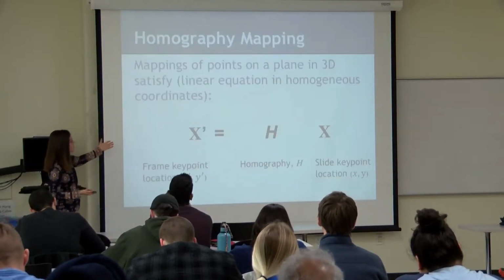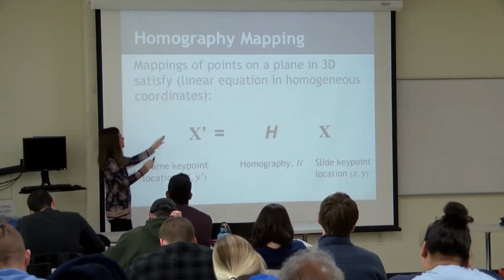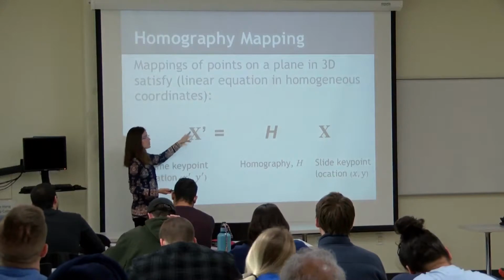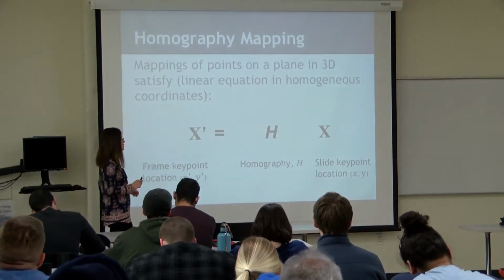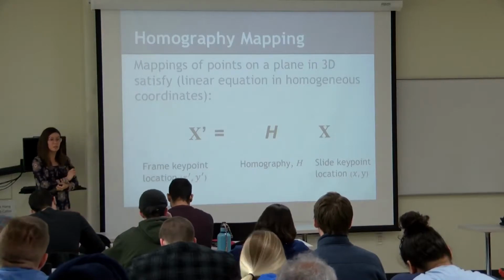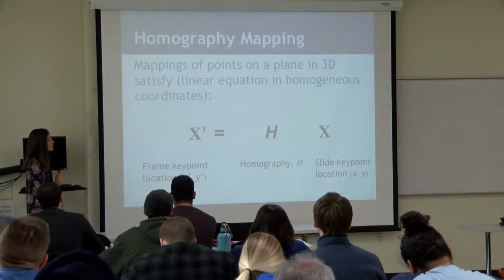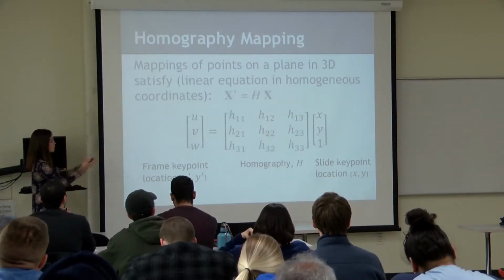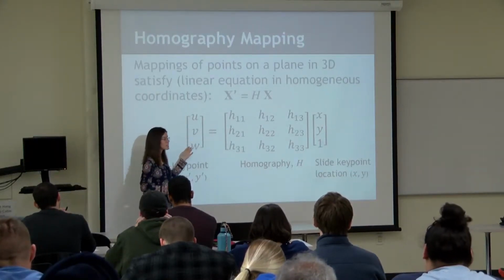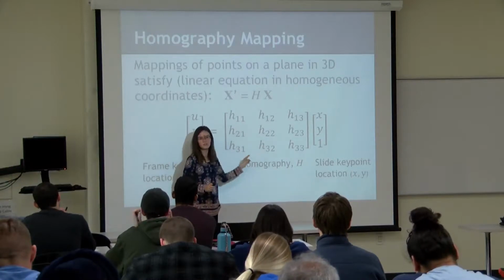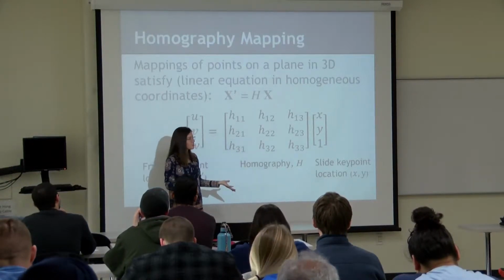So this is our setup, and we need to do something with the coordinates. We turn them into homogeneous coordinates so that we have a linear equation. I won't dive into details, but I'd be happy to tell you more about it later. But essentially, it will look like this. We have coordinates on one side, coordinates on the other side, but this is the homography matrix that we don't have.